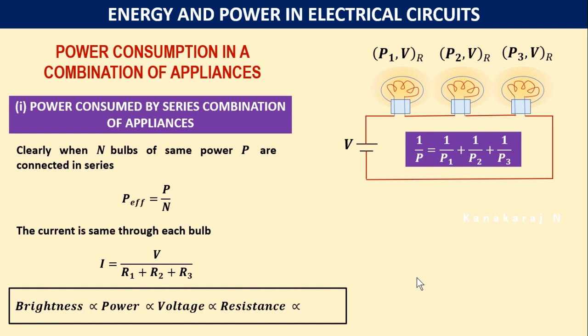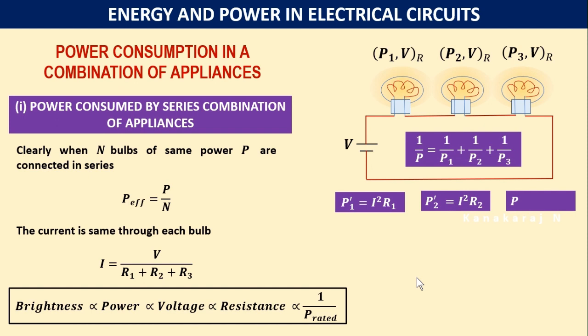The brightness of each bulb is proportional to the power it gets at that time, which is proportional to the voltage available across the bulb, which is proportional to the resistance, which is proportional to 1 by the power rated. The brightness of the first bulb P1 prime equals I square R1, P2 prime equals I square R2, P3 prime equals I square R3.